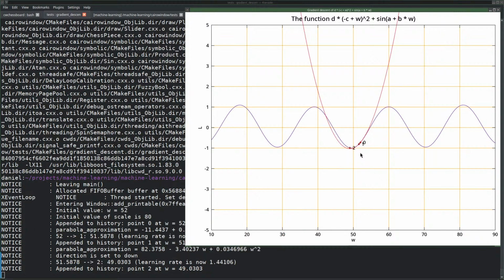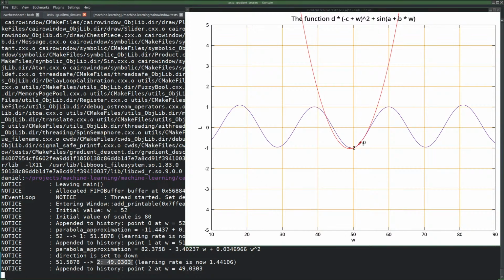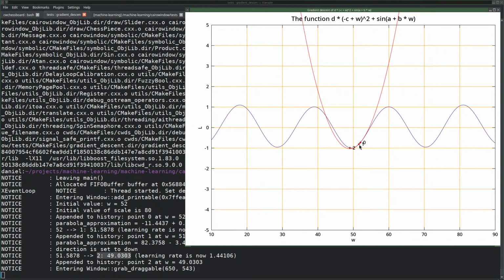Next step is fit a parabola, that clearly still works because it's the same parabola. The minimum of that gives us 0.2. Definitely works. So this is 0.2. We went from 51.58 here to 49.03 here.